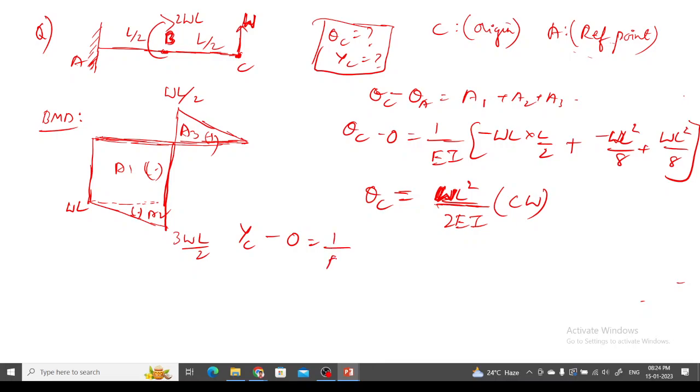So YC will be 1 by EI into A1 x1 bar. Okay, so A1 is minus WL into L by 2 into what is x1 bar. From here I have to calculate.